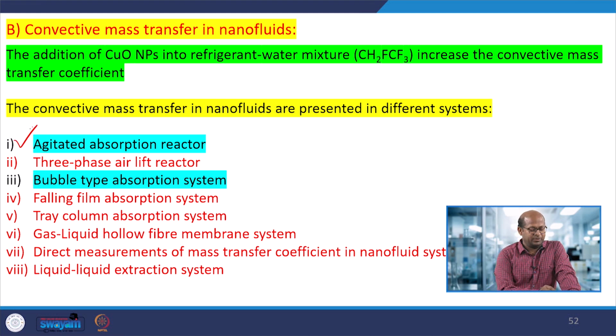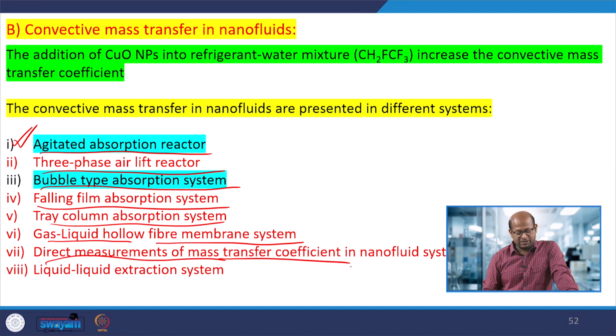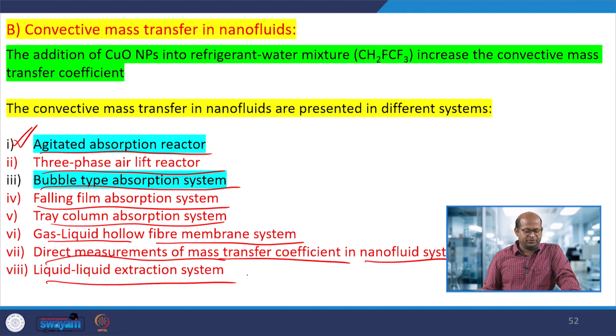That experiment we can do with agitated absorption reactors, three-phase airlift reactors, bubble type absorption systems, falling film absorption systems, tray column absorption systems, gas-liquid hollow fiber membrane systems, or direct measurements of mass transfer coefficient with nanofluids. And liquid-liquid extraction systems.